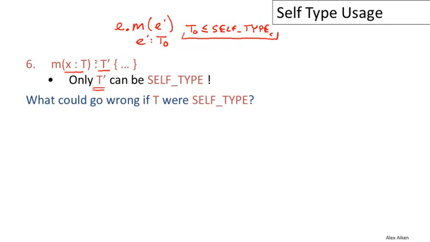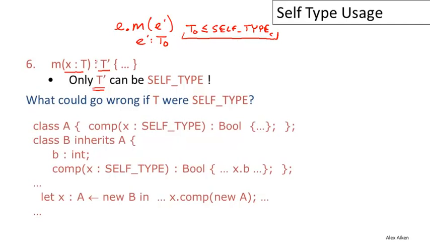But it's also helpful to just think about executing some example code and see what can go wrong. Let me walk you through what happens if we allow a parameter to have type self-type in this particular example. There are two class definitions. Class A has a method comp, for comparison, and it takes one argument of type self-type, and it returns a bool.